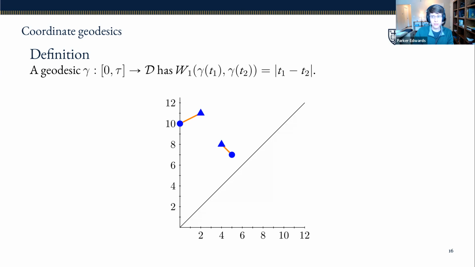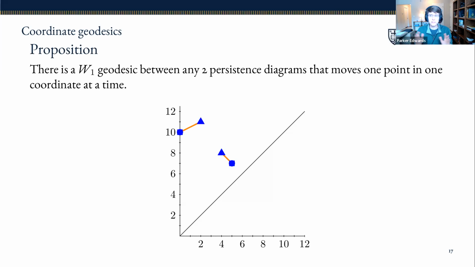So we're going to do the same thing. We're going to define a geodesic, but now we're doing a geodesic between two ungraded diagrams, and we're going to watch what happens to their graded diagrams as things progress. So this gives you the definition of a geodesic. And here's something fairly simple that you can observe: if you have any two regular persistence diagrams, for the one Wasserstein distance in particular, there is a geodesic between them that moves 1 point at a time, 1 coordinate at a time.